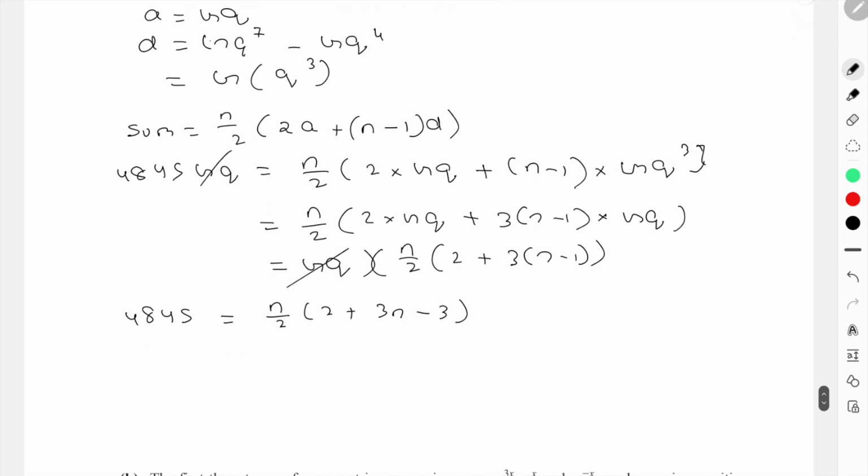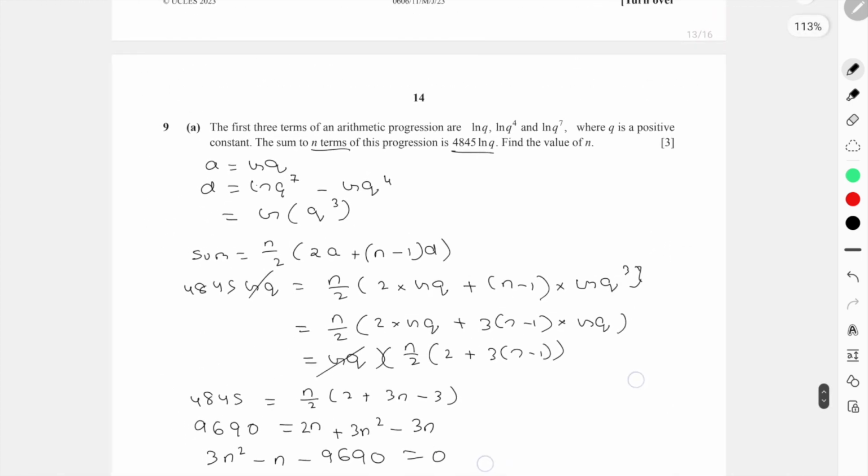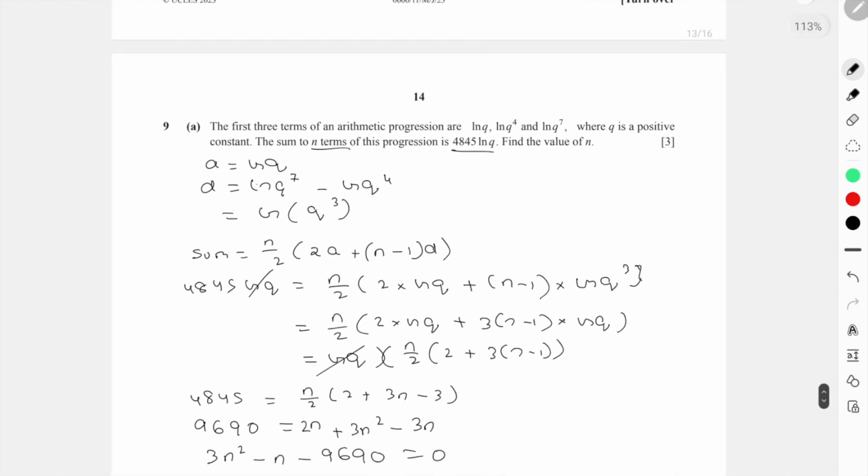And now let's cross multiply by 2. That's 9690. 3n squared minus n minus 9690 equals 0. And so you can plug this into your calculator.